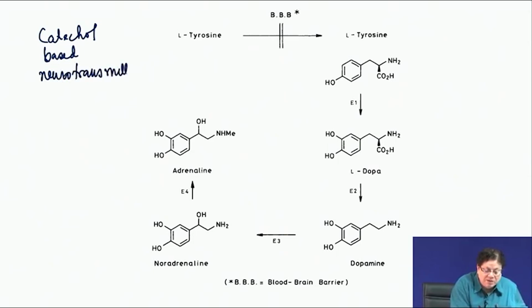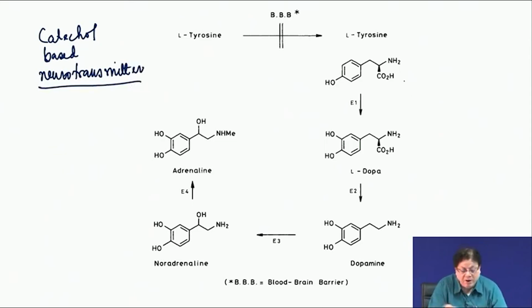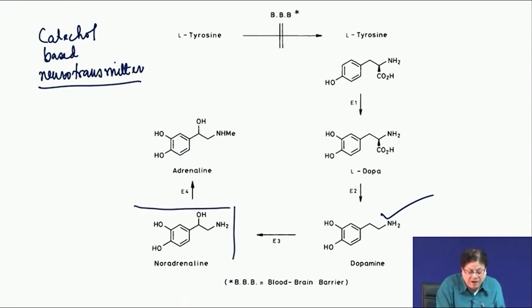Now, the first class, in this class these compounds belong to, one is called dopamine, that is dihydroxy phenyl ethyl amine, and also you have noradrenaline, and the third one is adrenaline.